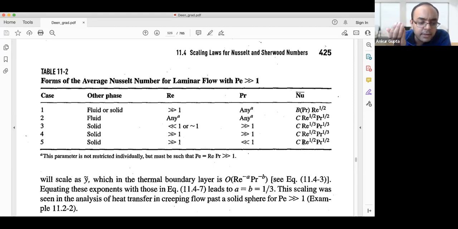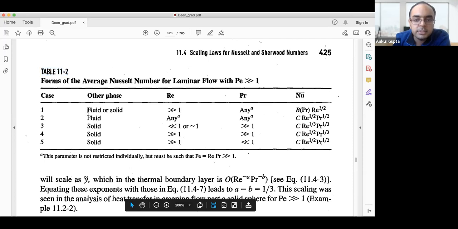The only difference is they have written it in terms of Reynolds number times Prandtl number. So let's say the last part is Reynolds number times Prandtl number to the power half. We have discussed these cases. So I just wanted to mention table 11-2. You can use this in your exams or anything like that.